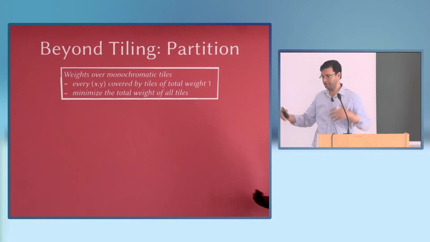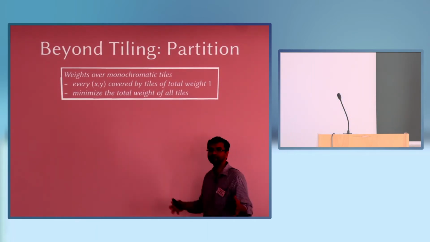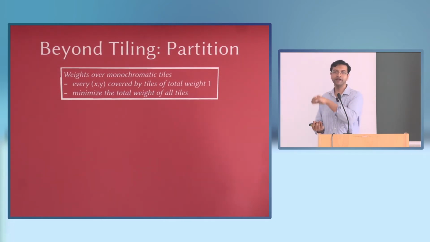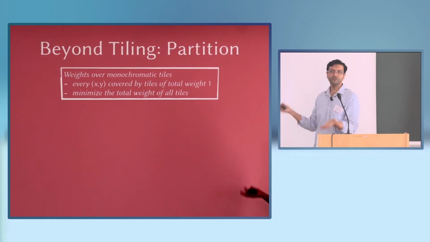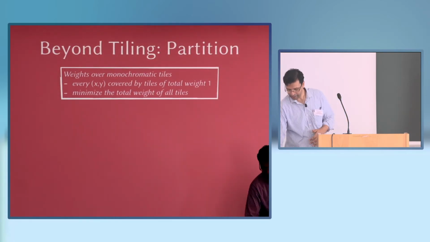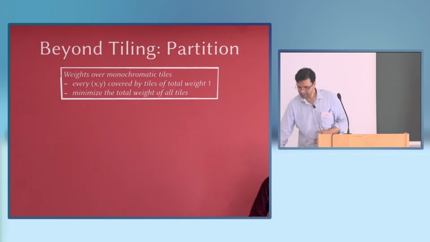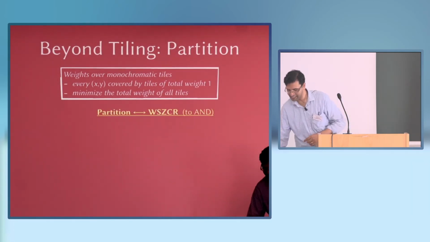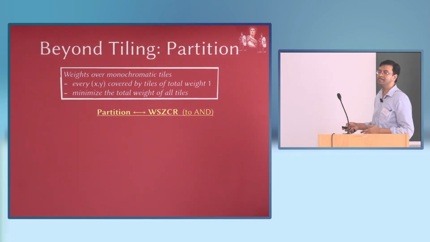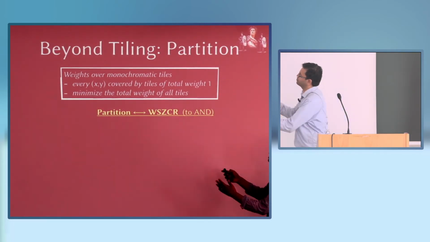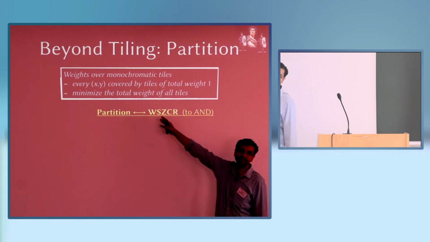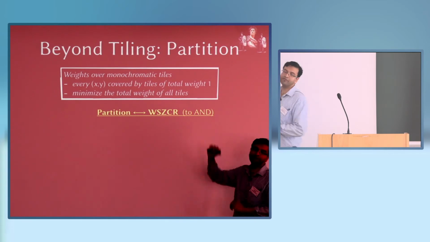So you put weights on all possible monochromatic tiles, such that every xy is covered by weight 1 of tiles, and your goal is to put as little total weight as possible. What turns out is that this translates exactly to weakly secure, or weak Caesar, for the AND predicate.